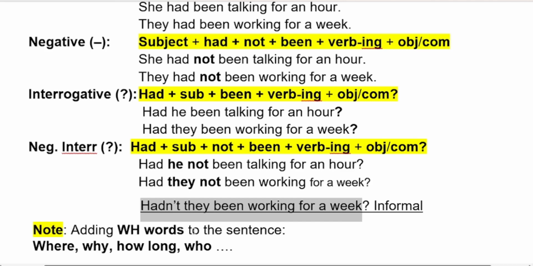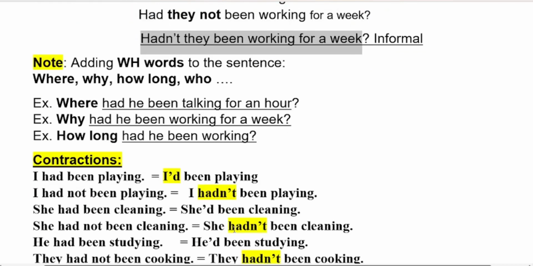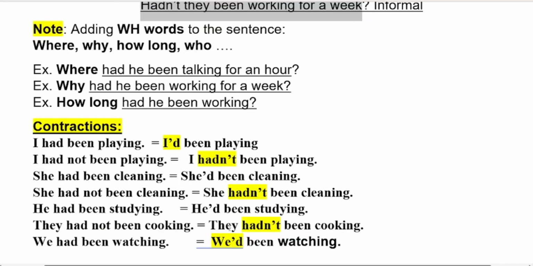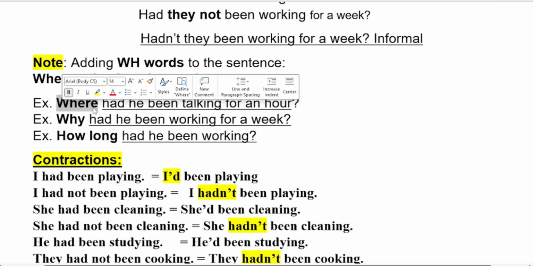Okay, the next word, adding WH words or the WH questions to the sentences. چه اضافه نمودنی WH words به کدام زمان؟ زمان گذشته کامل جاری. For example, no difference, right? No changes to the question sentences. چون به همون جمله یک سوالی هست، هیچ تغییرات نمیارین، فقط کدام کلمه را؟ کلمه WH word قبل از او میارین.